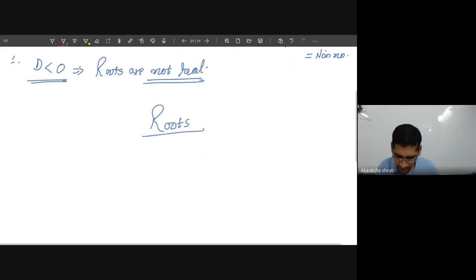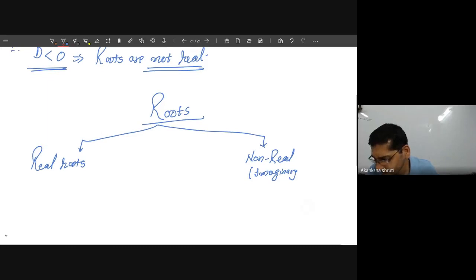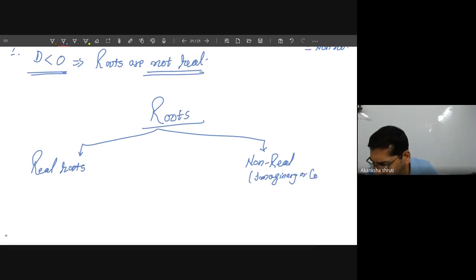These roots could be either real roots or non-real. Non-real is also called imaginary or complex root. I will not discuss more about imaginary and complex number operations. It is not in your syllabus.